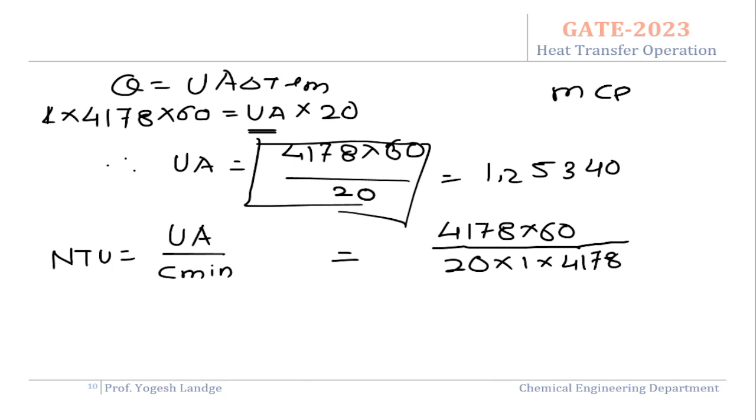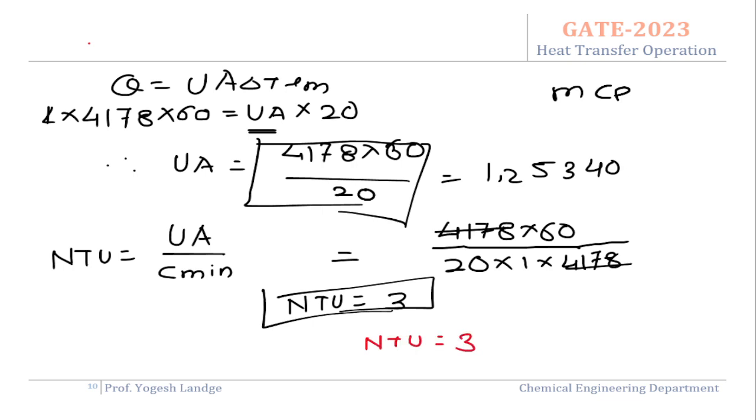Now I just write the values here, and without a calculator we can calculate, because that's why we did not put in the numerical value of UA. So we just cancel these two, and when we divide 60 by 20, it is 3. So we can say that the value of NTU is 3.